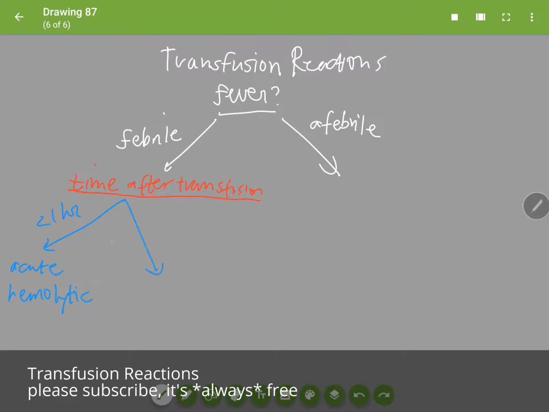If it's less than 6 hours after transfusion, it's called a febrile non-hemolytic transfusion reaction. And long after, 2 to 10 days after, you're going to have a delayed hemolytic.